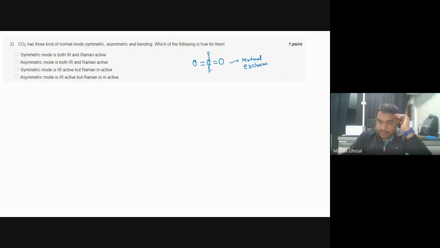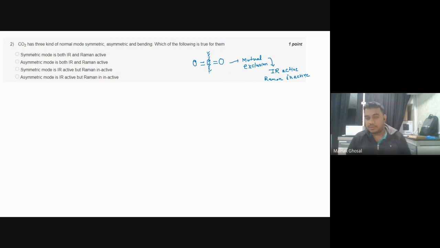What is the rule of mutual exclusion? It says that the modes which are IR active will not be Raman active. This is your basic first idea before moving forward to which modes are IR active and which are Raman active: CO2 is a completely linear molecule and also possesses a center of symmetry.